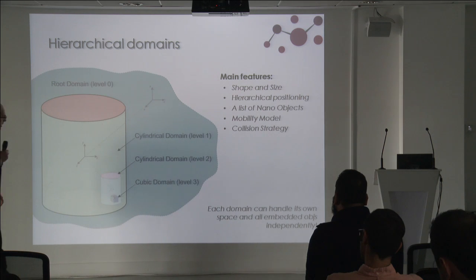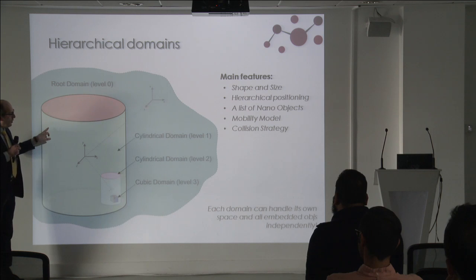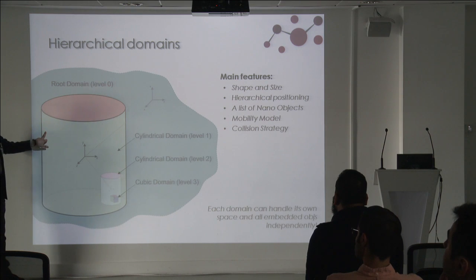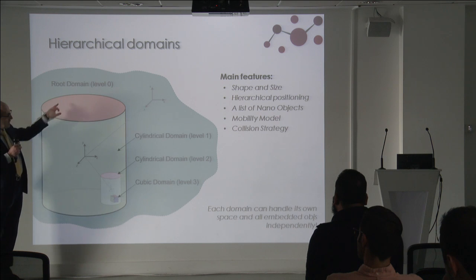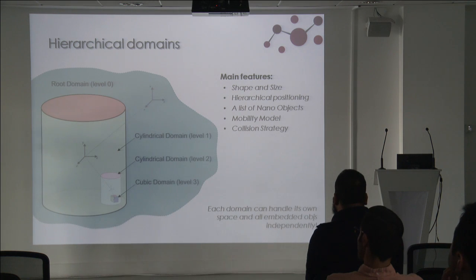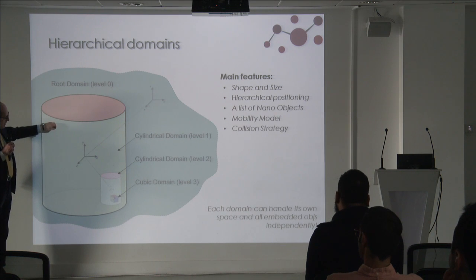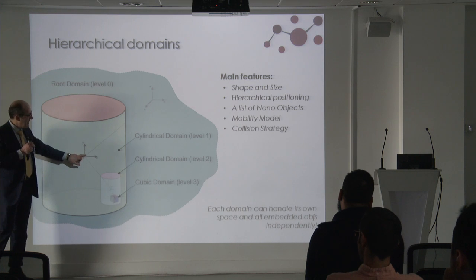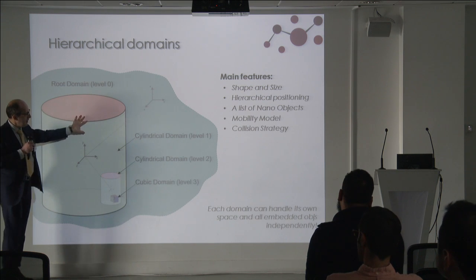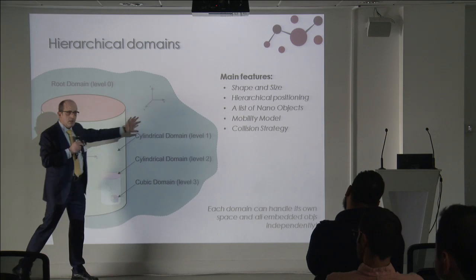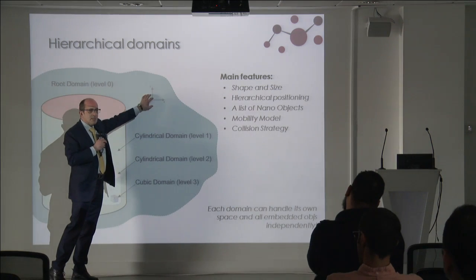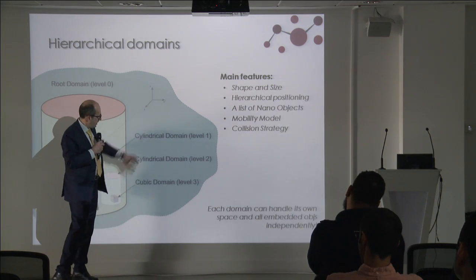I repeat, each domain has its own coordinate system, and all the objects within a domain are managed independently of what happens in other domains. If there is an object in this domain, it has coordinates in this system and is managed within this domain. If the object exits the domain, it is represented in the coordinate system of the other domain.